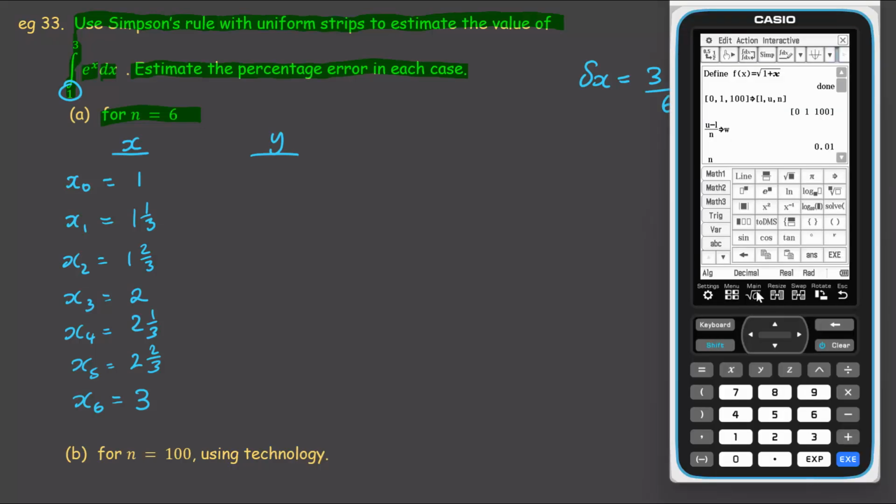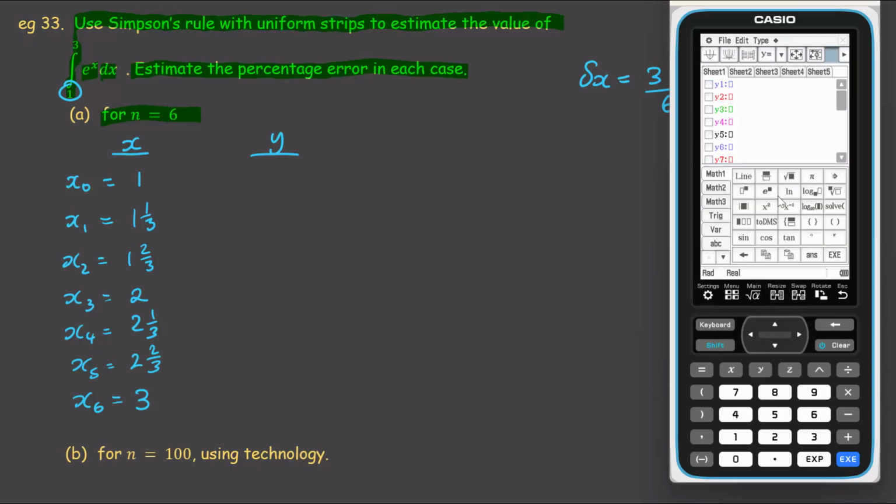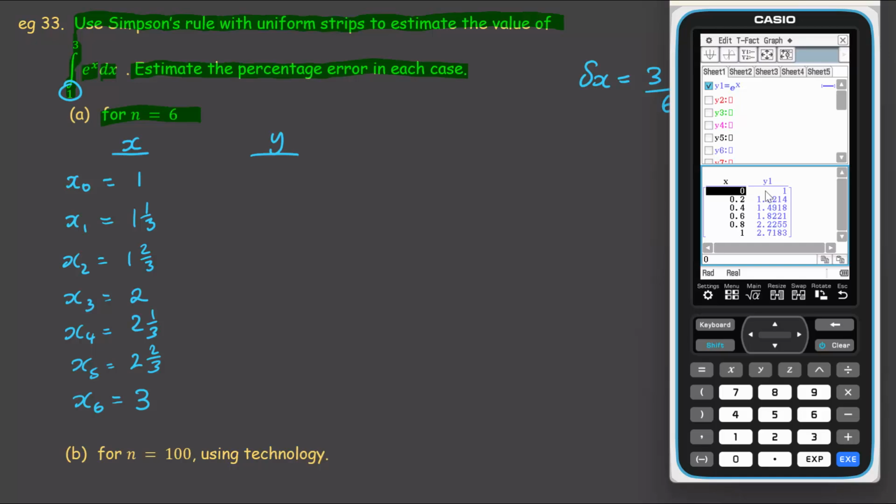So I'm going to go to graph and table again. And we want this to be e to the x this time. So let's put in e to the x. And we want a table.